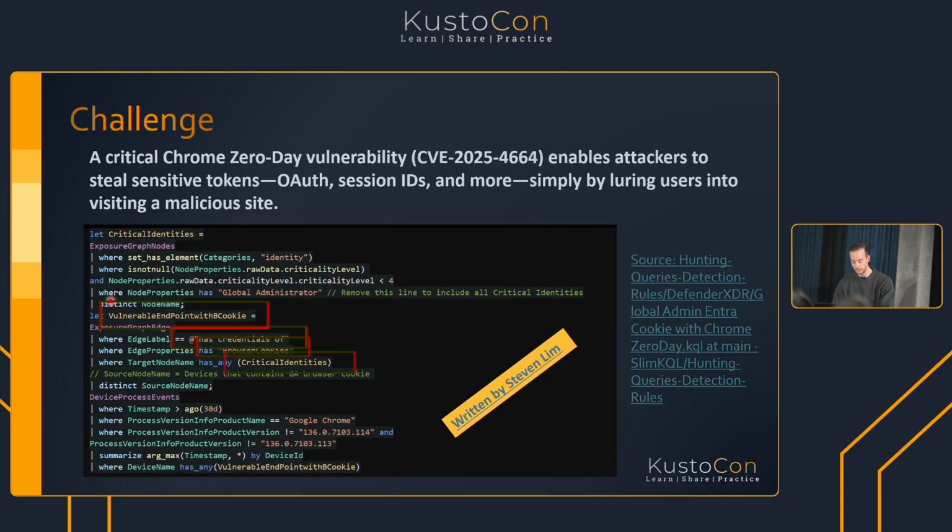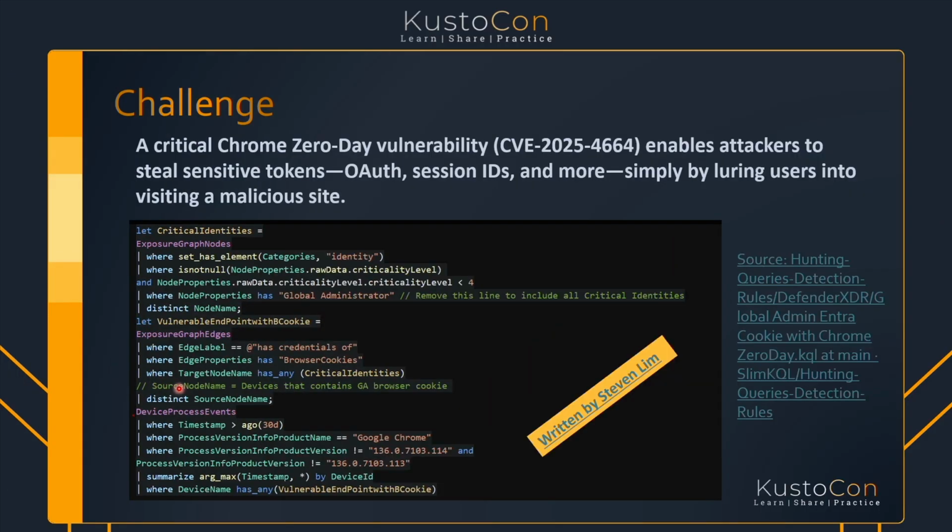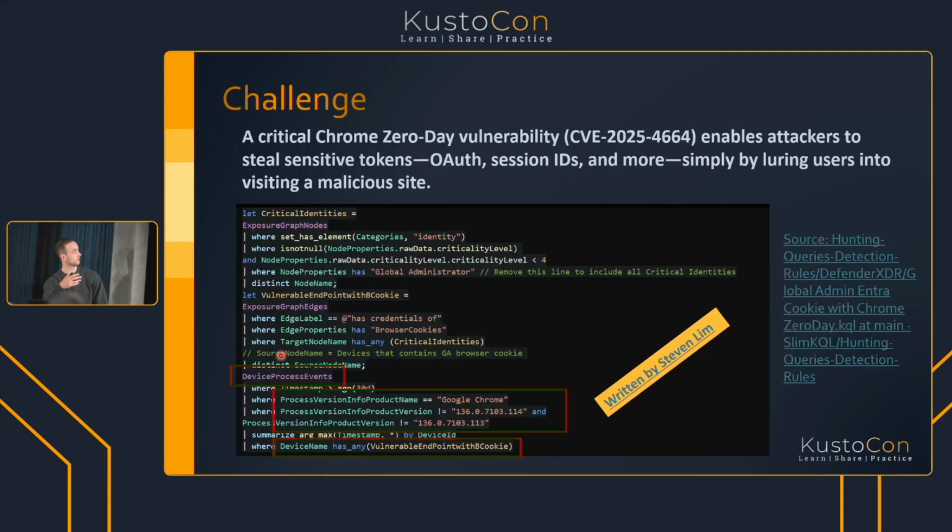Then he had a look at the device process events, and there he looked at Google Chrome with a vulnerable Chrome version. You only want the devices which are running the vulnerable Chrome version and which have a cookie of a user that is critical in your environment. As you can see, by combining those tables, you can hunt for such vulnerabilities.